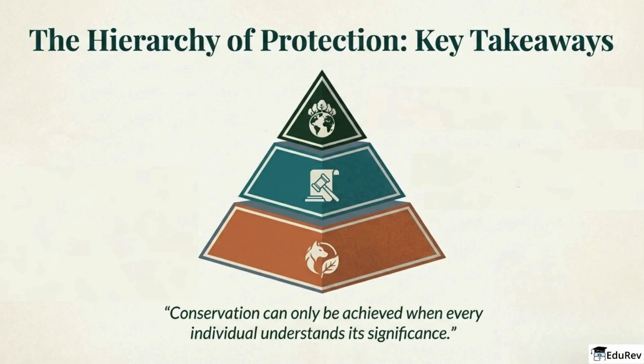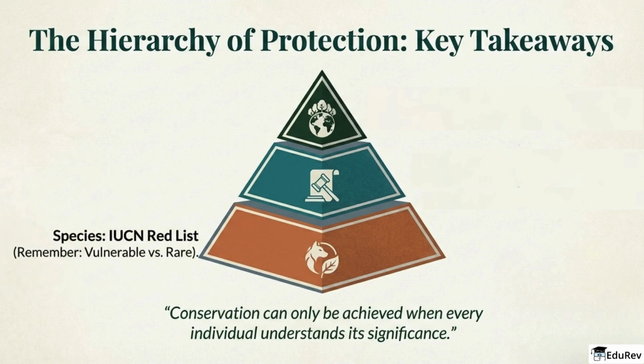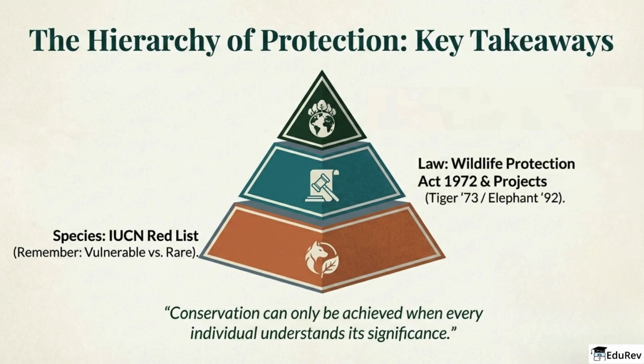Now let's close with the hierarchy of protection. At the species level, remember the IUCN Red List, especially the difference between vulnerable and rare. At the legal level, remember the Wildlife Protection Act 1972, along with major projects like Project Tiger 1973 and Project Elephant 1992.